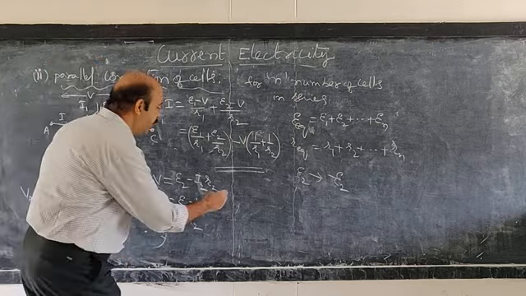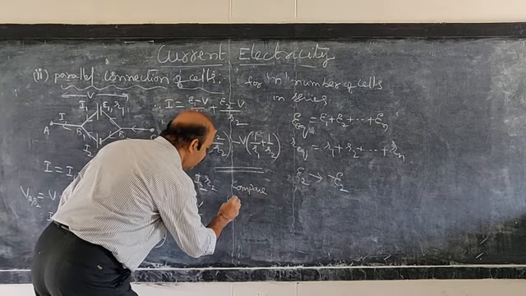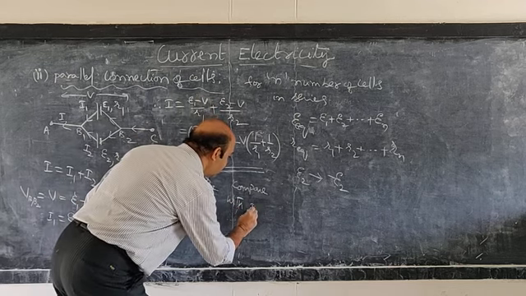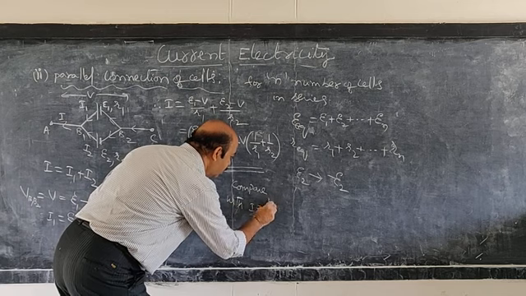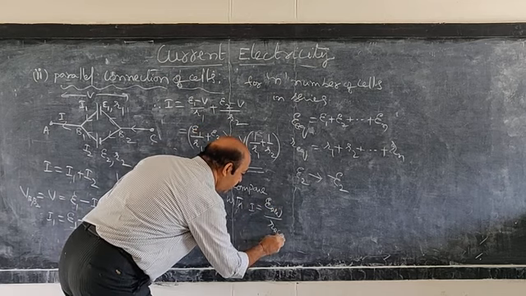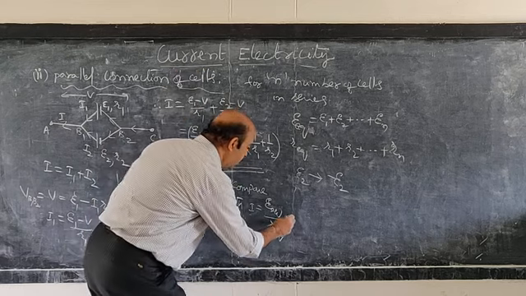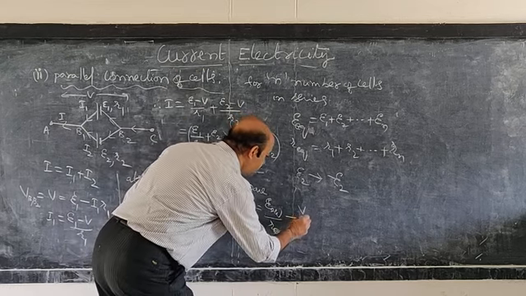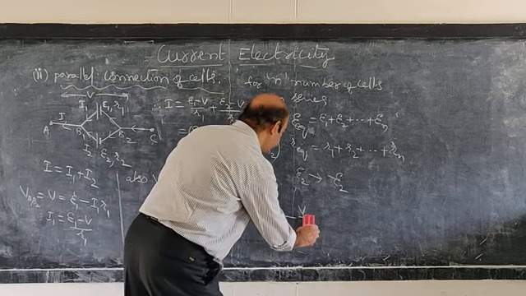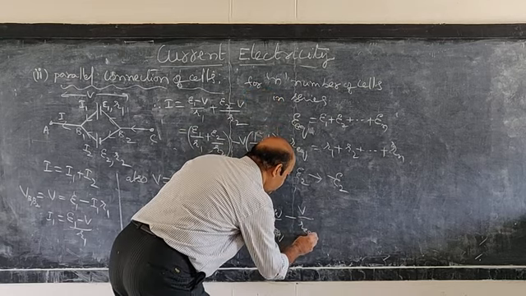So you can compare with this: I is equal to the equivalent EMF by the effective or equivalent internal resistance, minus the potential difference V into 1 by R equivalent.